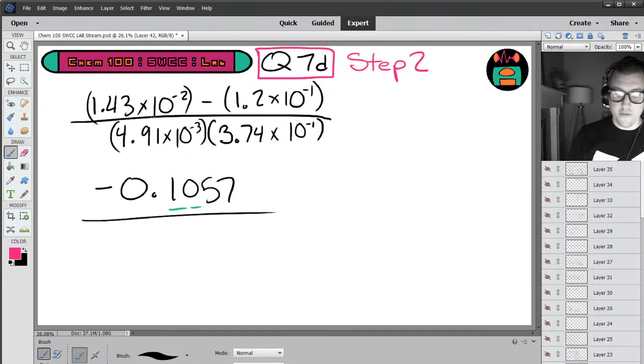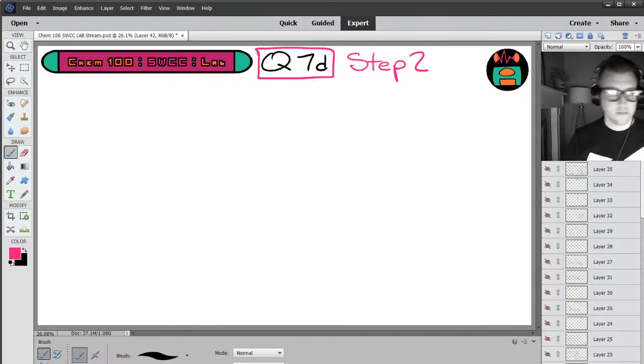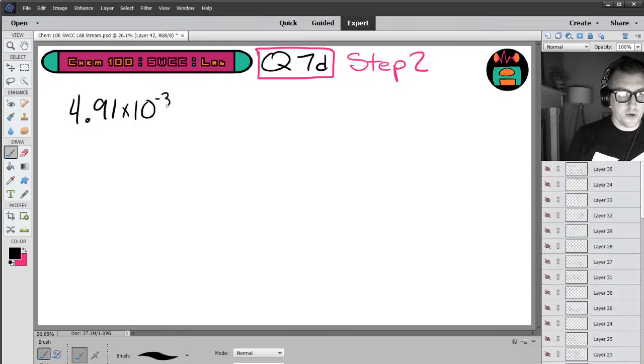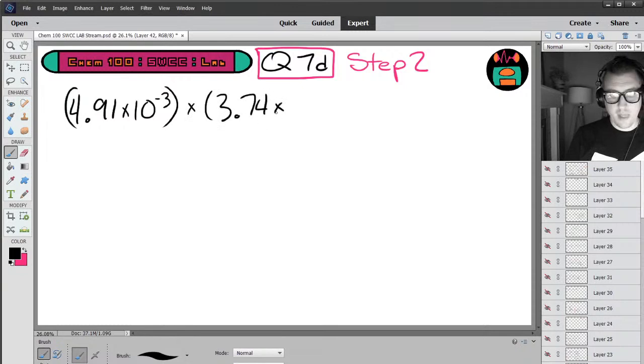All right, we got to evaluate that denominator. So we have 4.91 times 10 to the negative 3rd times 3.74 times 10 to the negative 1.